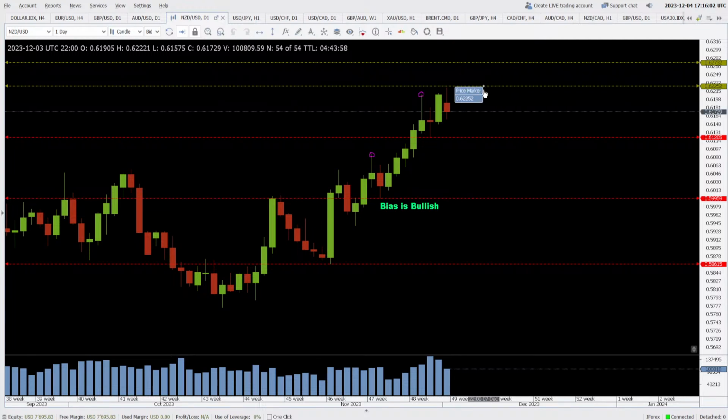It has missed the target, but it's okay. This is also like taking the target only. So now we have the next potential target around 0.6273, and we have now potential support around 0.6120. If the price breaks below 0.6120, we will not be buyers in this market.